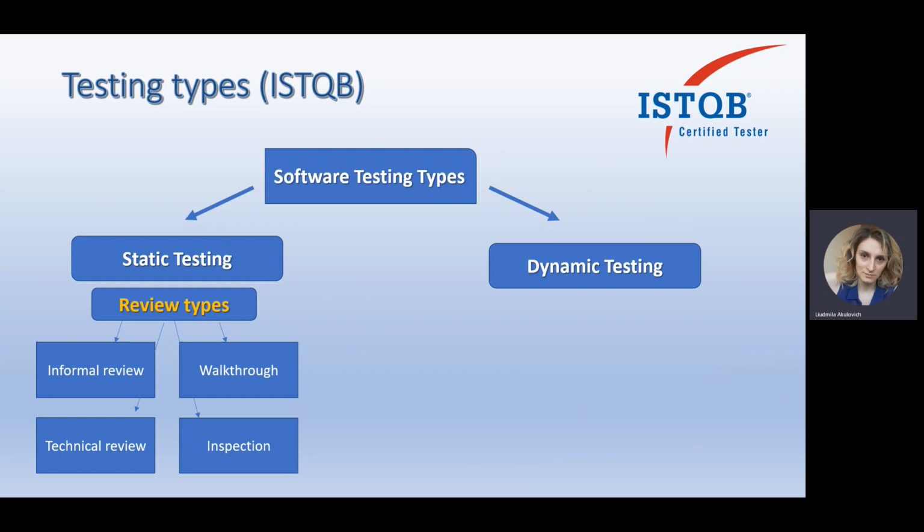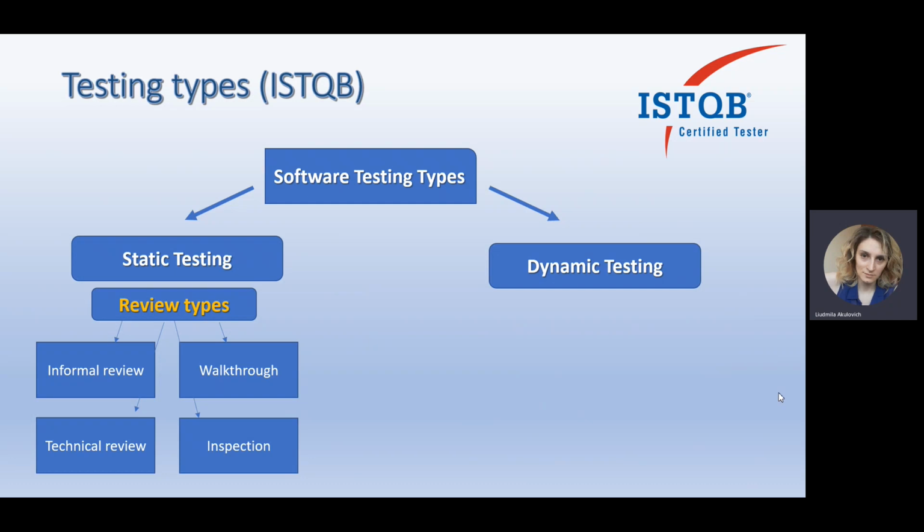If we are talking about technical review, reviewers should be technical peers of the author. For example, if you are an automation tester and you ask someone to review your script, your reviewer should be your technical peer. A scribe for this kind of review is mandatory, and ideally it should not be the author.